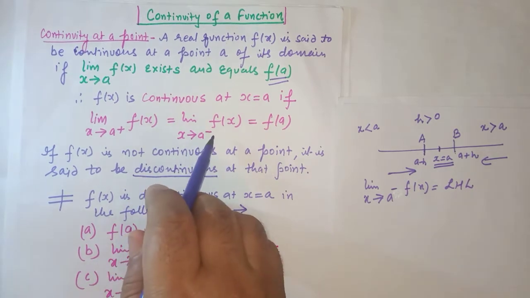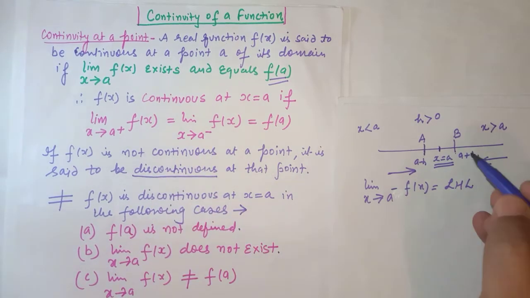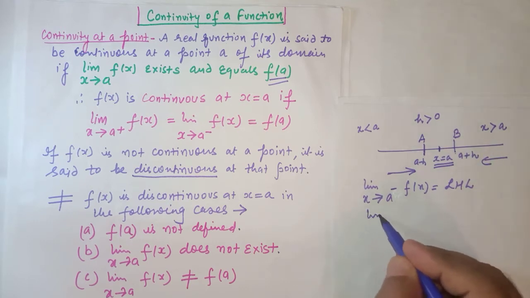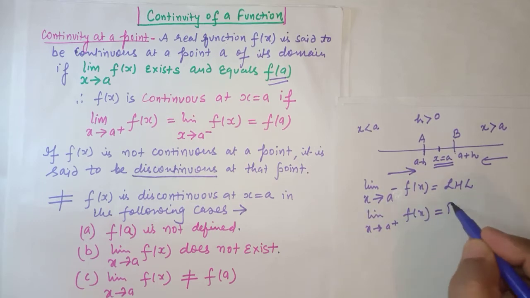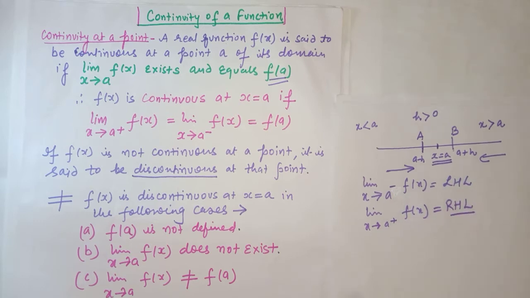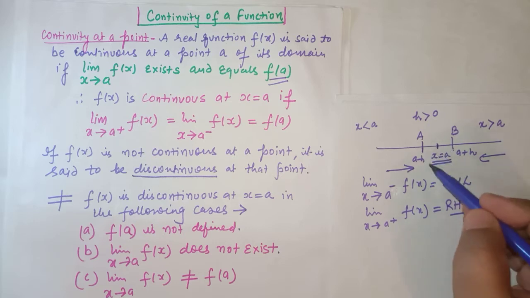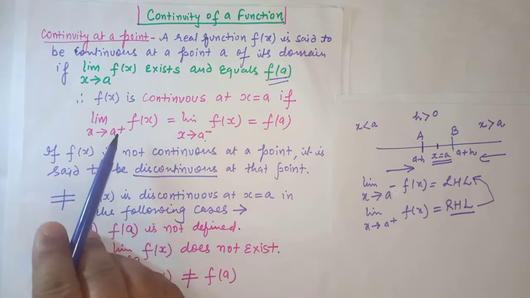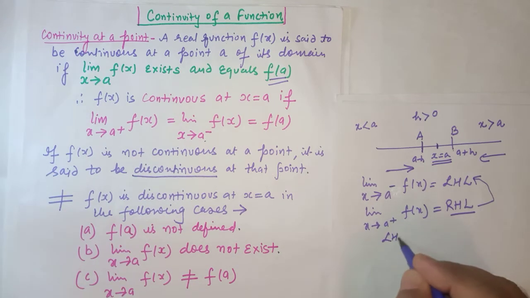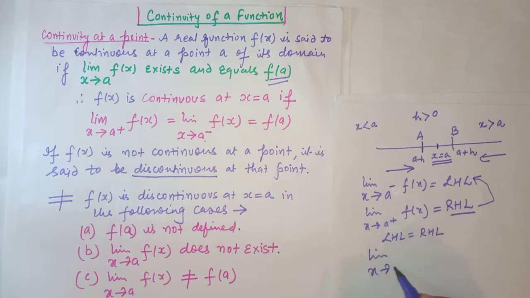Clear? Similarly, when we approach from the right, then we have x tends to a plus of f(x), which is the right hand limit. Now for a function to be continuous at x equal to a, these two limits must be equal. So the left hand limit must be equal to the right hand limit for this limit to exist.